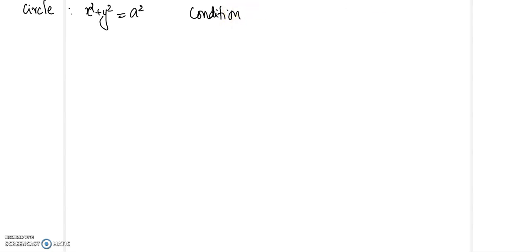So here you will have A equal to 1, B equal to 1, H is 0, then G is 0, F is 0, and C will be equal to minus a square. So therefore, upon substituting, we will get the condition.